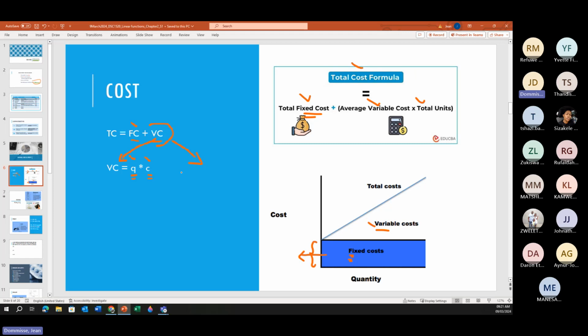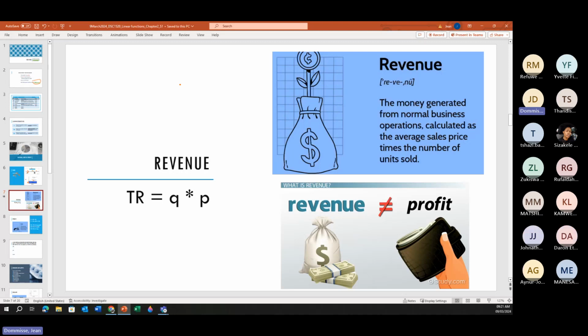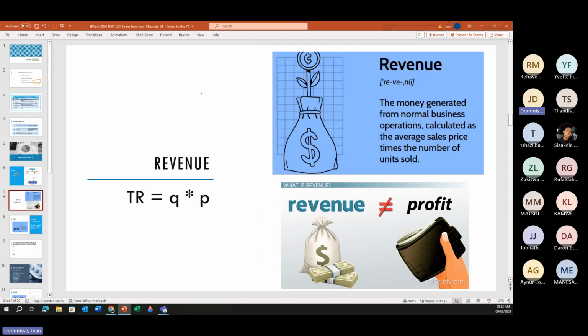Sometimes they will bring it in with revenue. Cost is what you pay to get your product in the market, and revenue is the money that you make from creating that product and selling it.